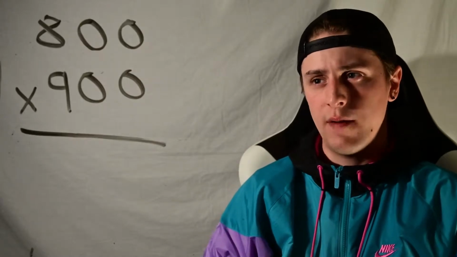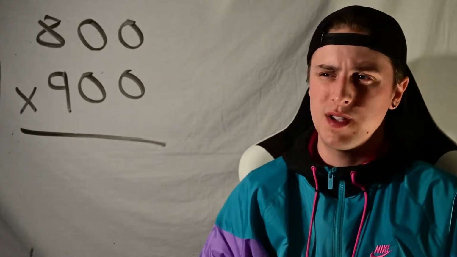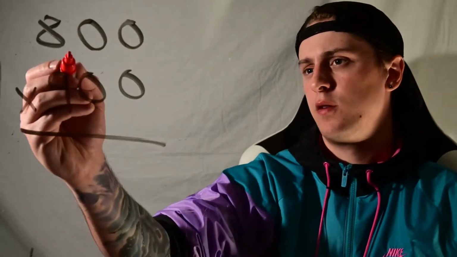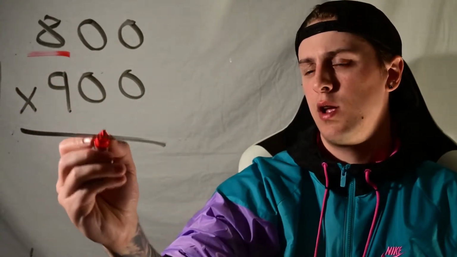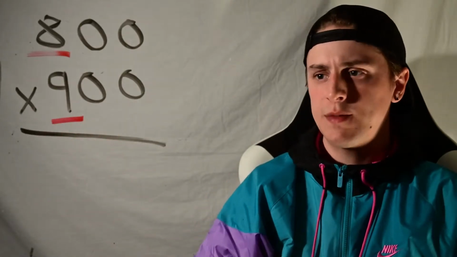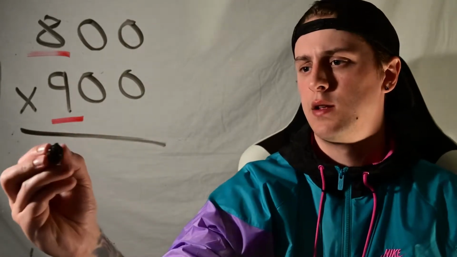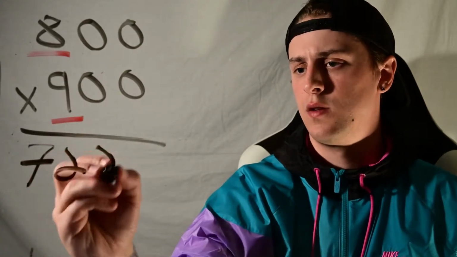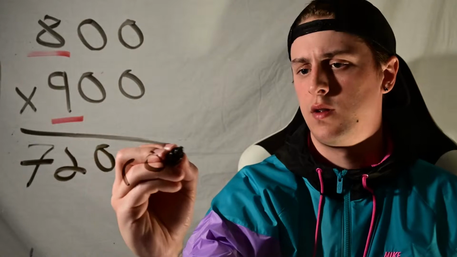Now, we've talked about non-zeros, but what we haven't talked about is our zeros. So when we look at this equation, we can see we have an 8, so we know right away that's 1. We have a 9, so that's 1. But when we times this out, what we're going to get is 720,000.